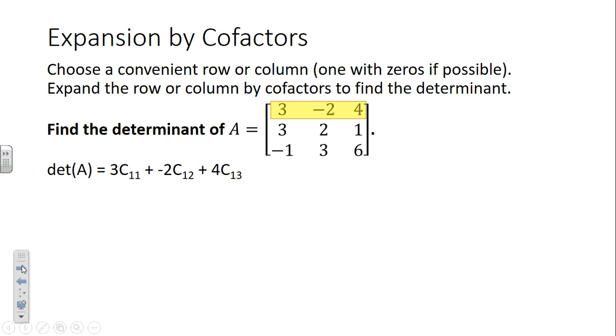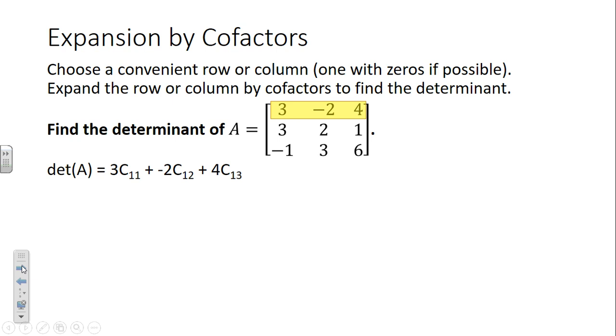So we take this number times its cofactor, which means we found the minor, the determinant of the eliminated row and column, and then check to see whether we had to change the sign or not. Negative 2 times the minor for this one with the cofactor change, whether we're changing the sign or not. And then 4 times the minor of row 1, column 3 with the sign change if necessary. Make sense? Okay. So someone else may choose to do column 2 or row 3 or column 1, and you'll all get the same number for your determinant.